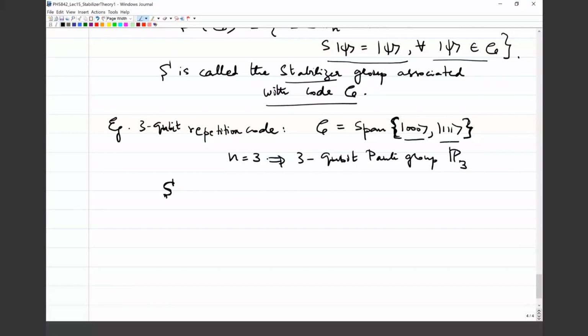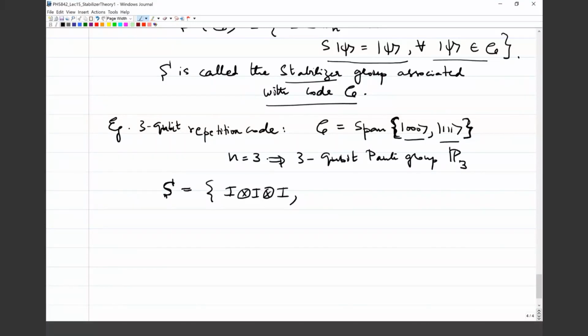If I find an operator that leaves both the states invariant, that's going to leave any complex linear combination of them also invariant, right? So of course, identity. So let me say identity tensor 3. That's an element, right, of this stabilizer set. Let me call it a set for now.